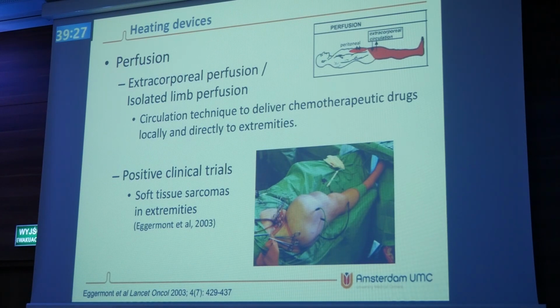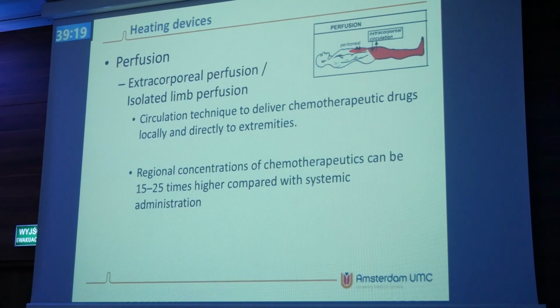So there have been positive clinical trials for soft tissue sarcomas located in the limbs. And the main advantage is that the concentration of drugs in the tumor is way higher than what you normally have with a normal systemic application of chemotherapy.